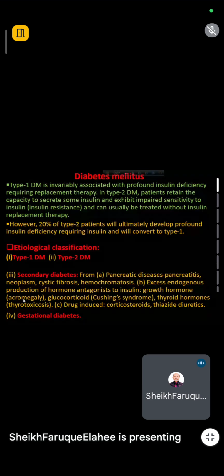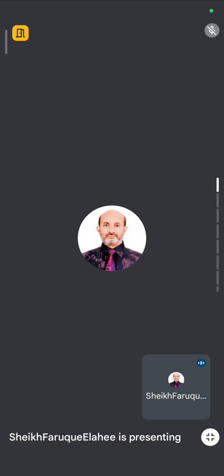Some person has thyrotoxicosis, hyperthyroid. It is producing more and more thyroid hormones. These thyroid hormones are again antagonistic to insulin. It will neutralize the action of insulin. So if a person has thyrotoxicosis, hyperthyroid, he will have diabetes. And this is called secondary diabetes.